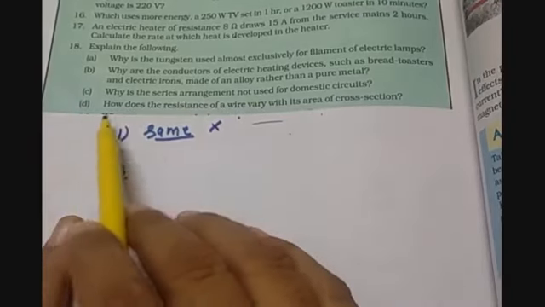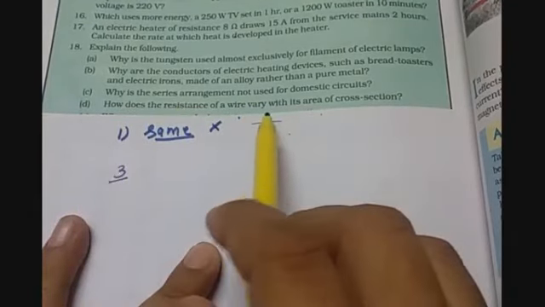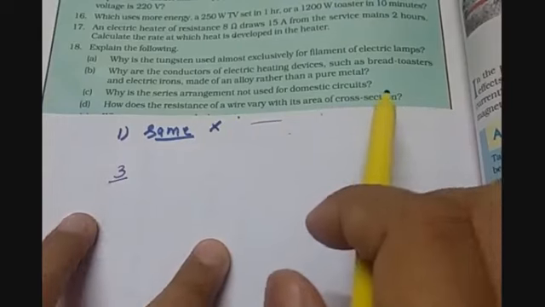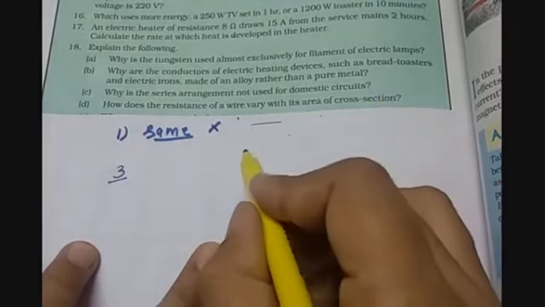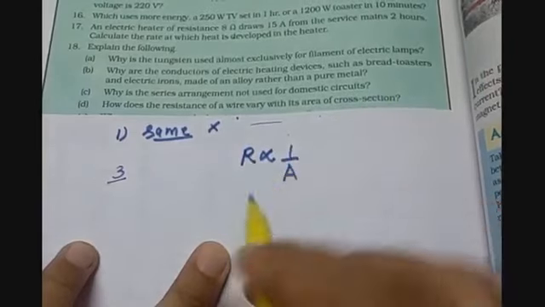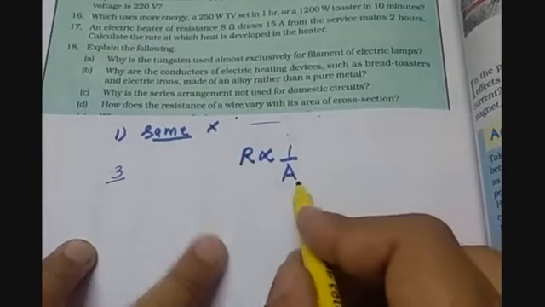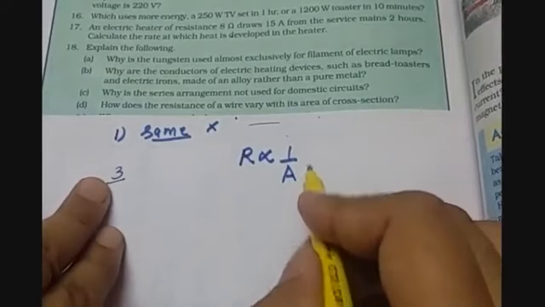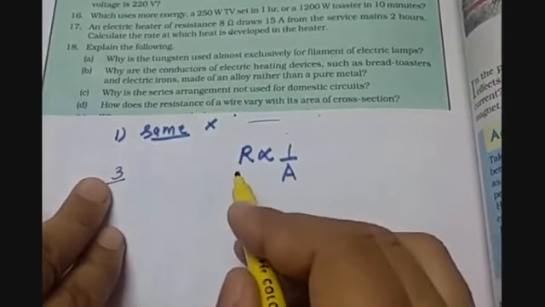Part D is, how does the resistance of the wire vary with its cross-sectional area? So we know that resistance is inversely proportional to the area of cross-section. That means when the area of cross-section is increased, the resistance will always decrease.